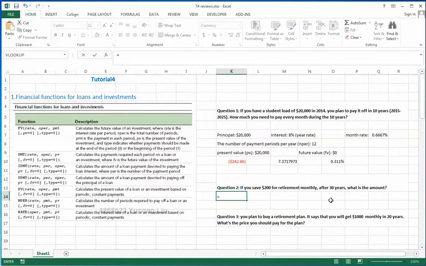So we use FV. FV rate, again, we use this rate 8%. Then again, the number of payments, because you save 12 months times 30 years. And every month you want to save $200.